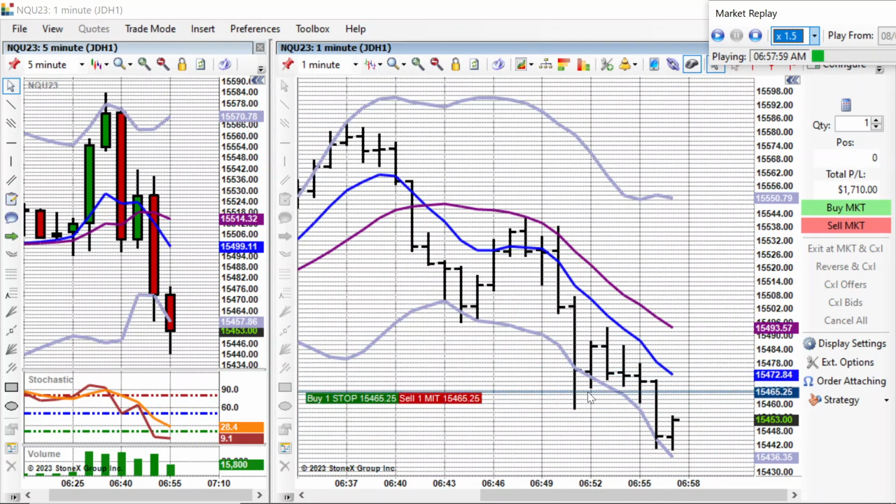Now, if it was flatter and lower volatility, I might tend to wait for it to come back to the 80 EMA line, but that's another one of those judgment call things where I'm judging the steepness of the trend, which is a pretty good trend after a breakout, and it's confirmed by the 5-minute candle.